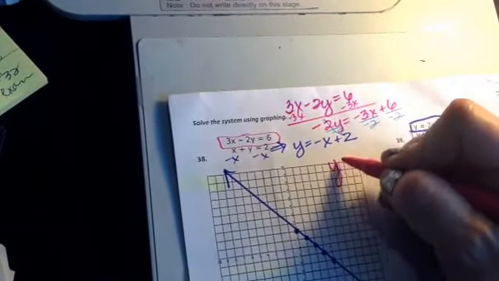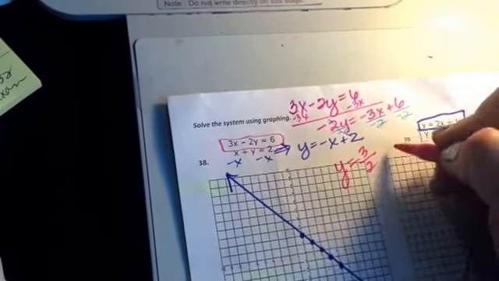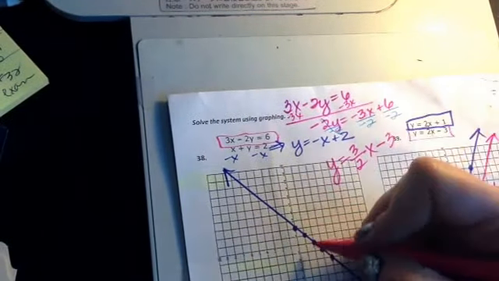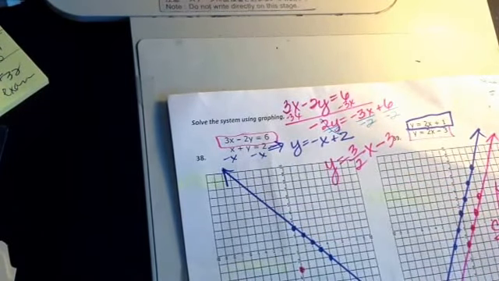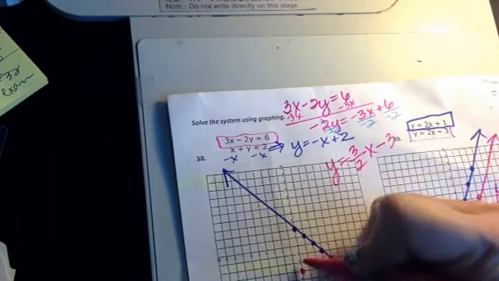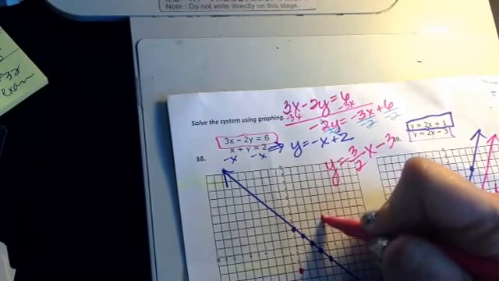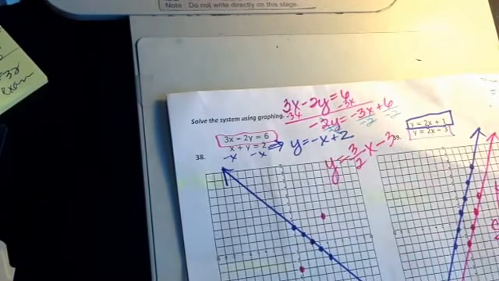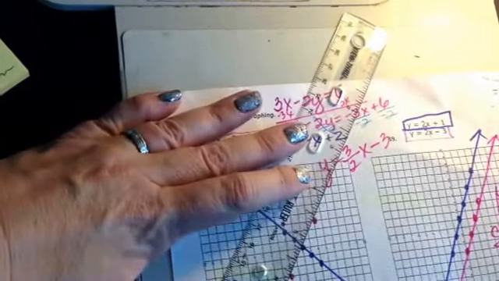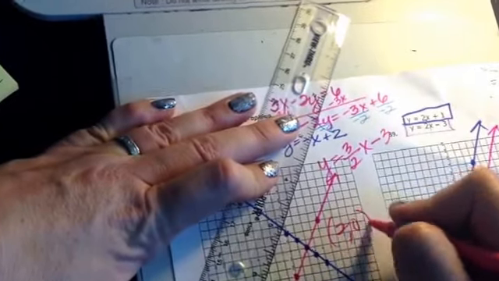So y is equal to negative 3 over negative 2, which leaves me with a positive 3/2 x. 6 divided by negative 2 leaves me with minus 3. I'm at negative 3 on the y-axis. My slope is up 3 to the right 2. Up 3 to the right 2. And so my solution looks like it's sitting at 2, 0. My solution sits at 2, 0.